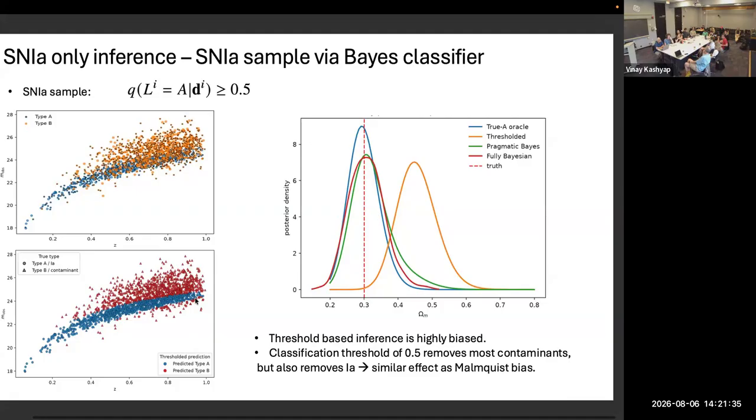And the younger stars are nearby? Sorry? But it's about nearby, right? It's about how many stars you have at a given time that are available to explode as 1As versus non-1As. Maybe it goes in the opposite direction, it doesn't matter in which direction, as long as there's a drift in redshift.